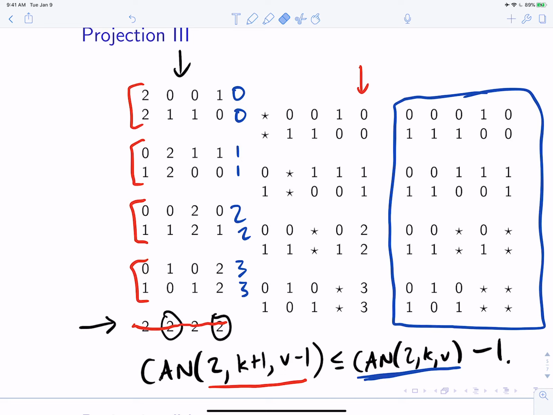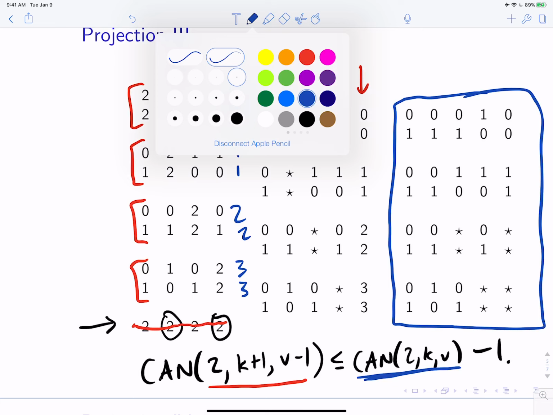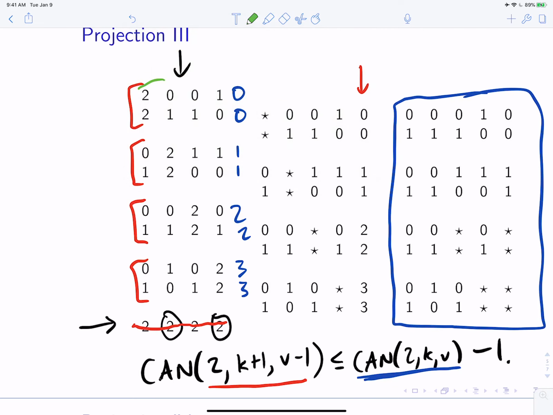And then in the original array, what we're going to do is we're going to look at the first column where the 2's are, and I'm going to put all of those into one group. So notice that the 2 rows up here, so these 2 rows, have a 2 in the first column. So I'm going to group them all together.